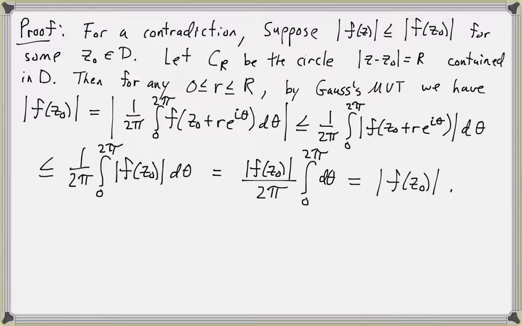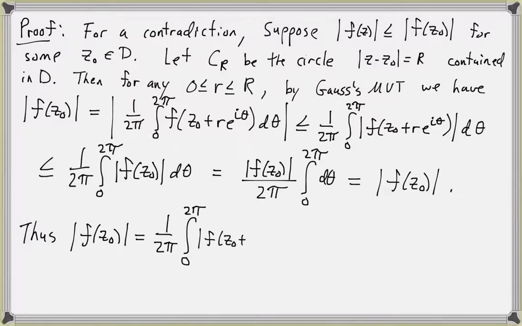So in particular, the absolute value of f of z0 will be equal to 1 over 2 pi times the integral from 0 to 2 pi of the absolute value of f of z0 plus r e to the i theta d theta. Remember, r is any value between 0 and capital R.